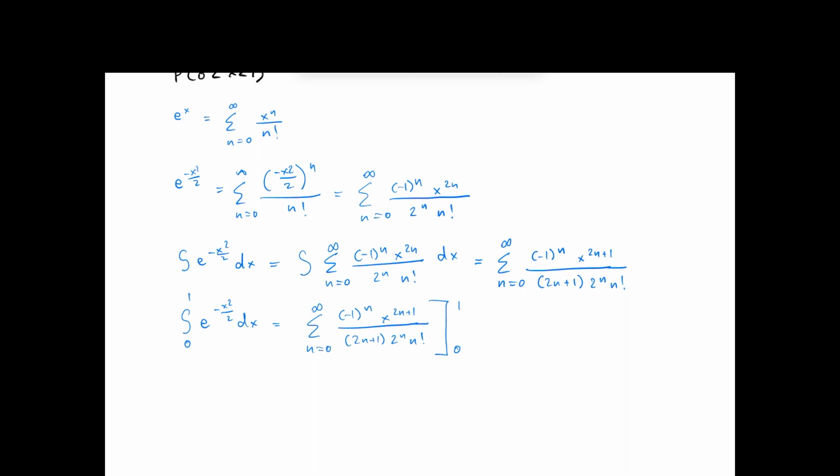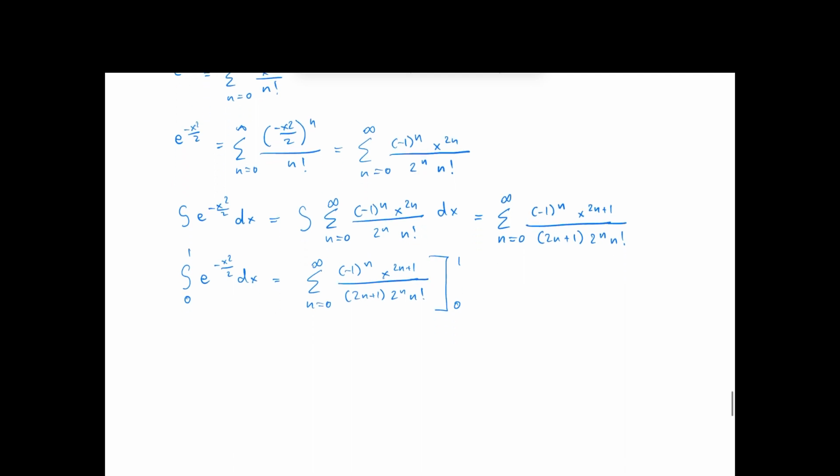Now, what's nice is that if we evaluate this at x equals 0, you're going to get 0 to the power of 2n plus 1, which is always 0, so you really only have to worry about plugging in 1, and that means that we can re-express this as the sum from n equals 0 to infinity of negative 1 to the n over 2n plus 1 times 2 to the n times n factorial, like that.